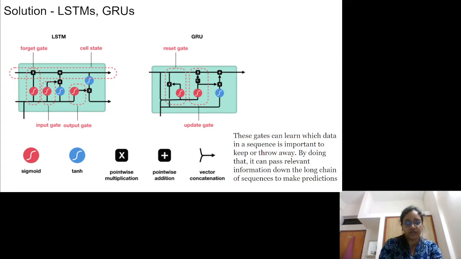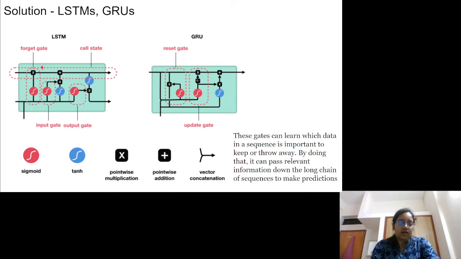So in the 20th time step, they try to remember what happened in the first time step, and theoretically they never forget what they saw before. That is the advantage of these two architectures. That is why in modern times people don't use RNNs, they use just these two.